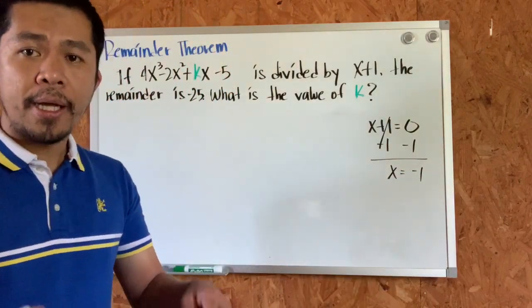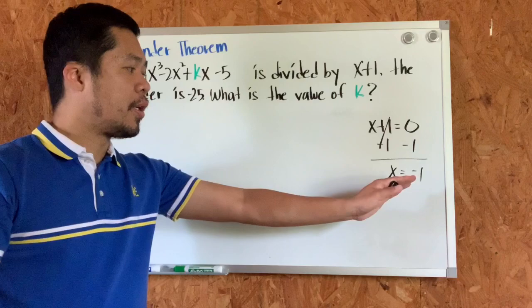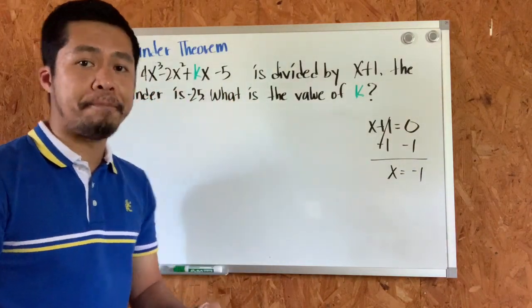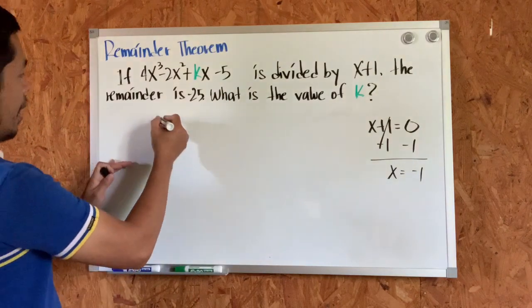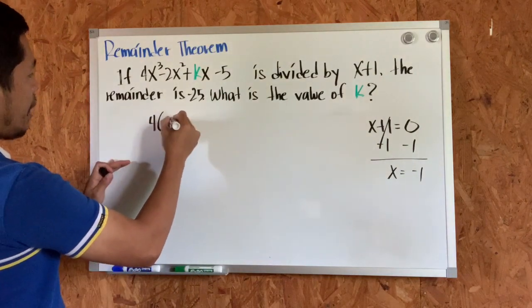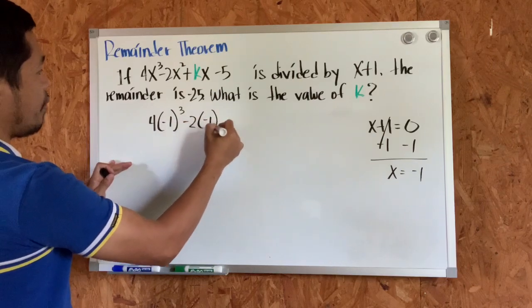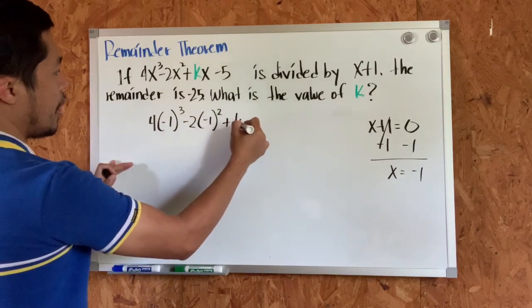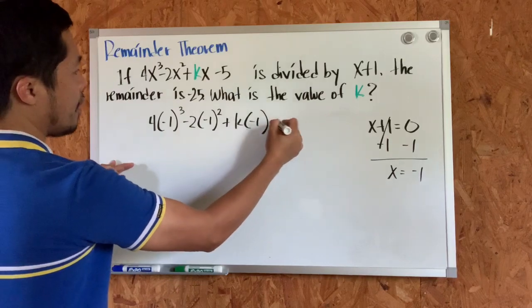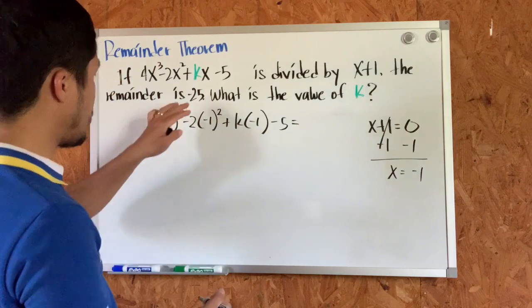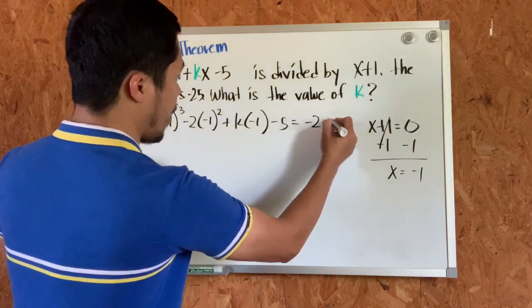And then the next step is we will replace all of the x's by negative 1. We have 4 times negative 1 raised to 3 minus 2 times negative 1 squared plus k times negative 1 minus 5 equals the remainder, which in this case is negative 25.